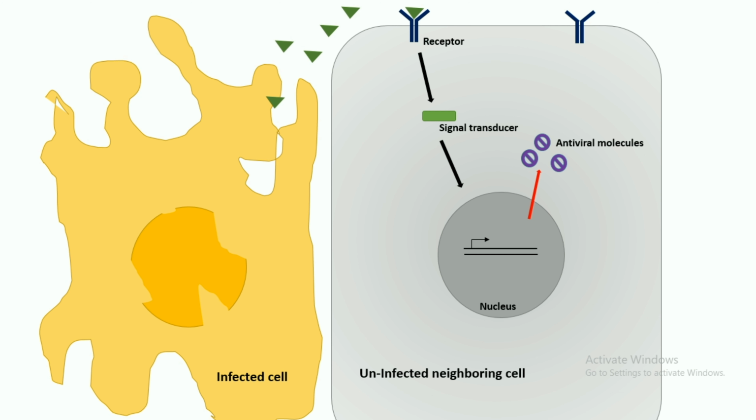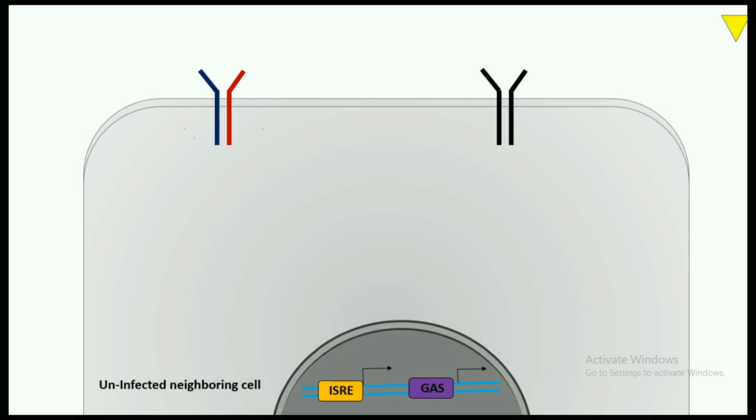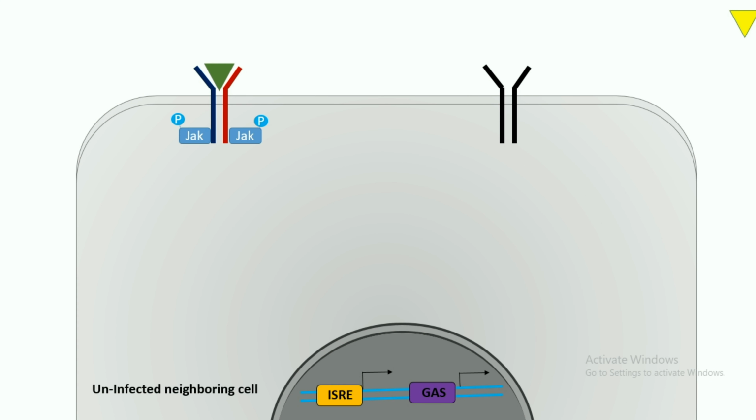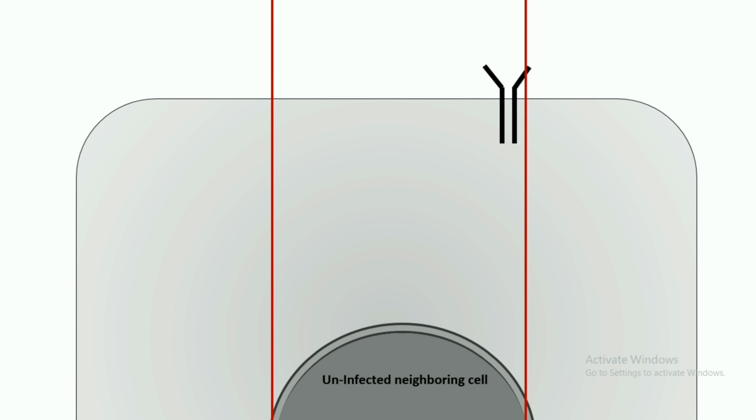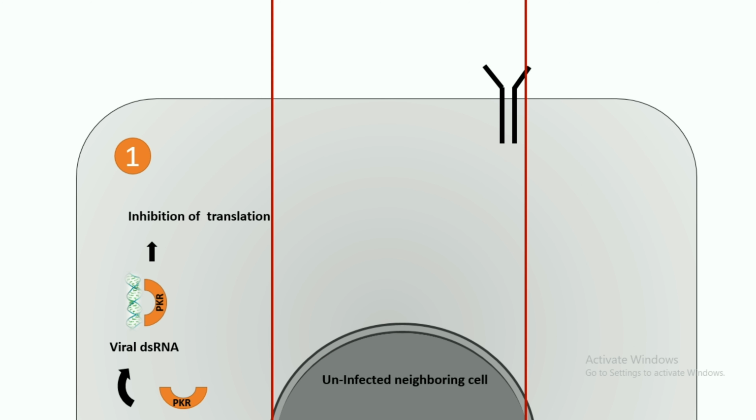So this is the important part. Now, what happens is the infected cell secretes interferon, which binds to interferon receptors and leads to JAK-STAT signaling. This JAK-STAT signaling ultimately leads to production of several antiviral molecules such as PKR, which binds to the viral DNA and inhibits translation.